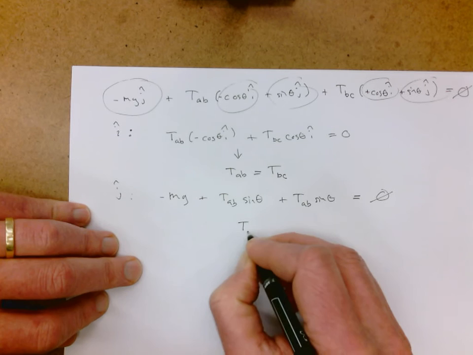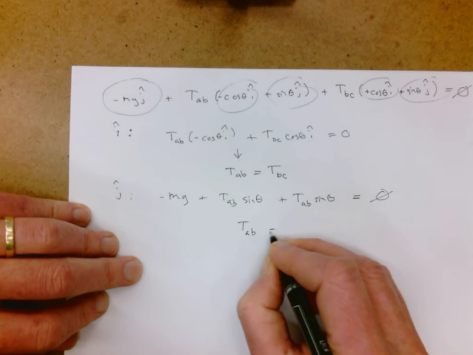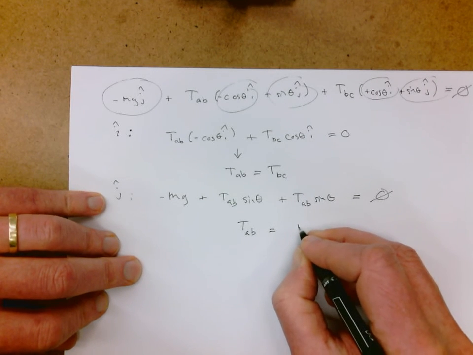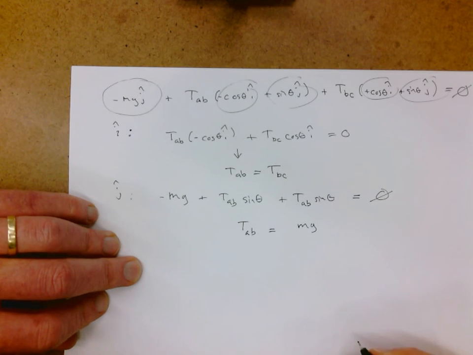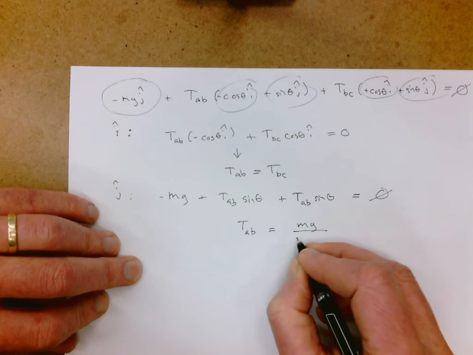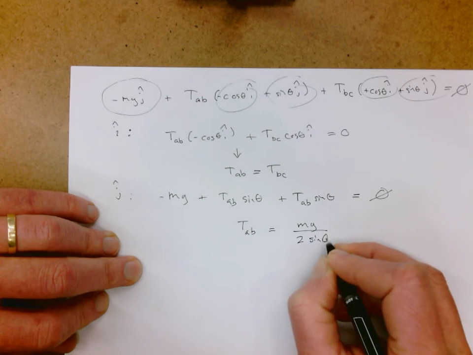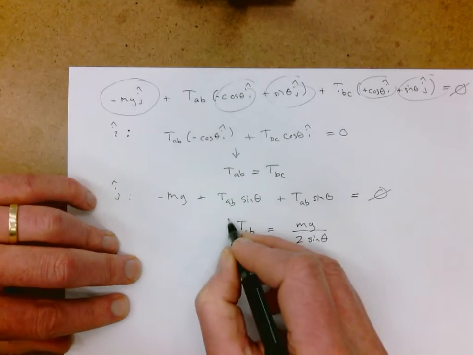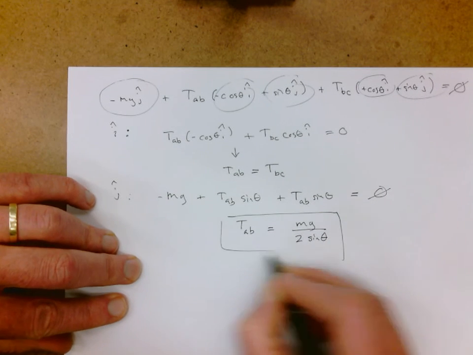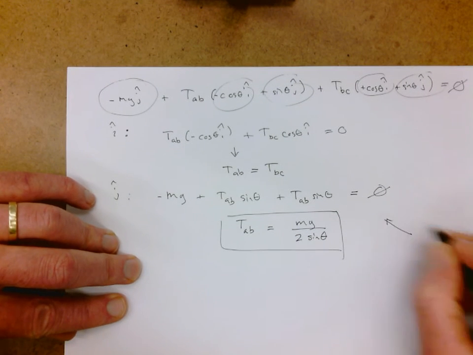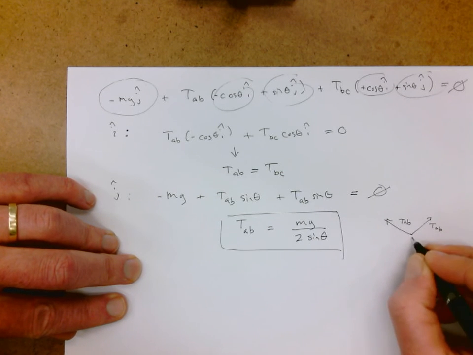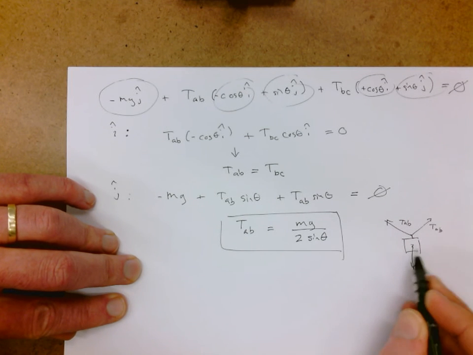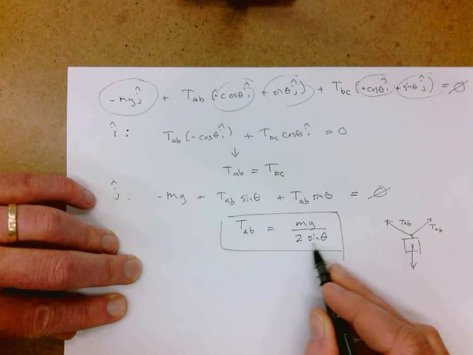In other words, TAB must be equal to mg divided by 2 times the sine of theta. Okay? So at this point, we've figured out what the tension is in the first cable, right? And that's the same as the tension in the second cable, right? And it's equal to the gravitational force divided by 2 times the sine of theta.